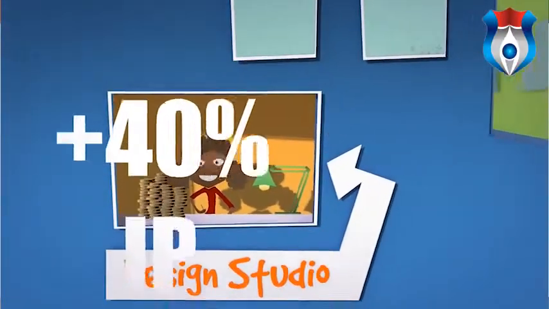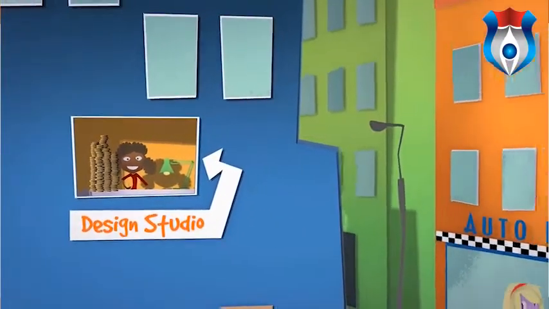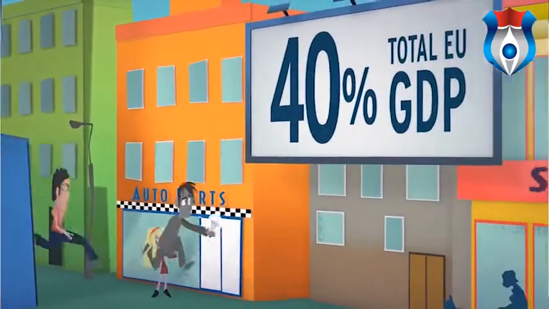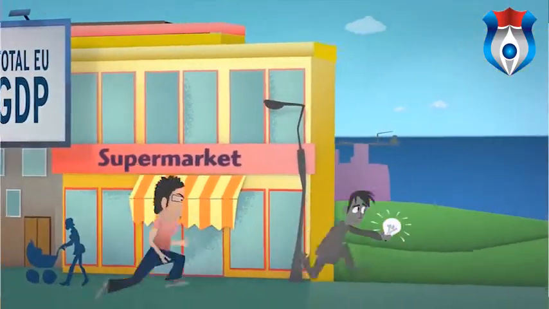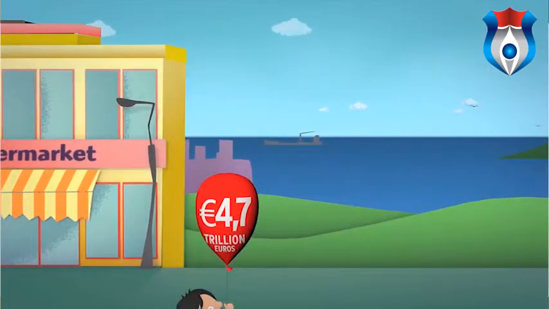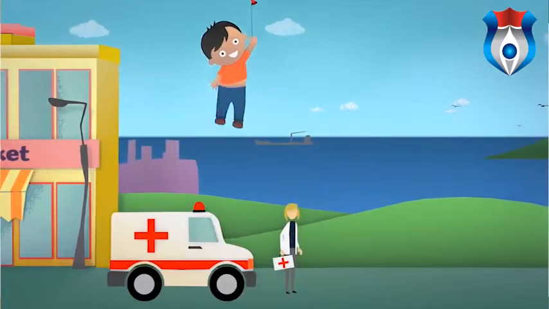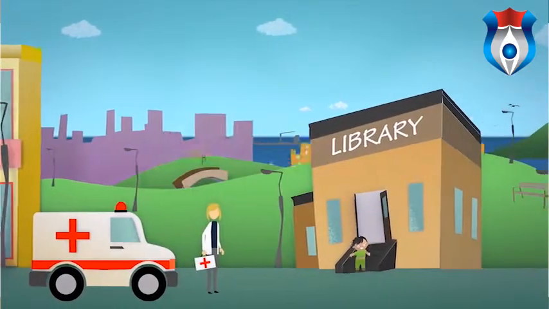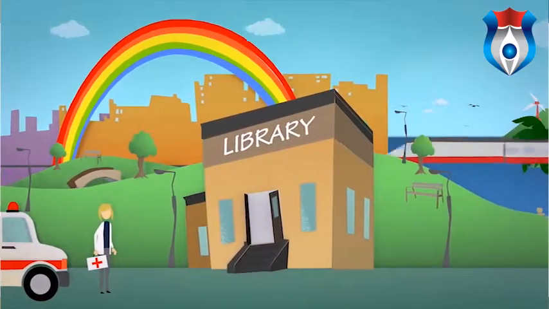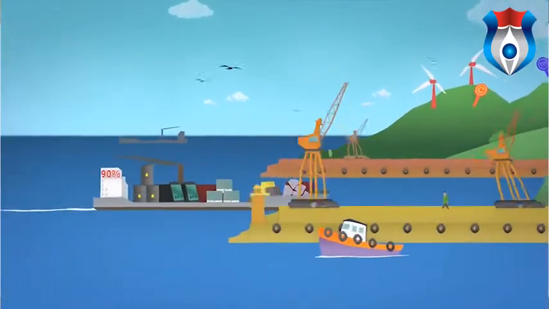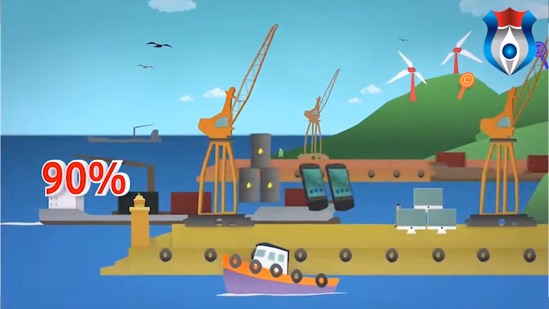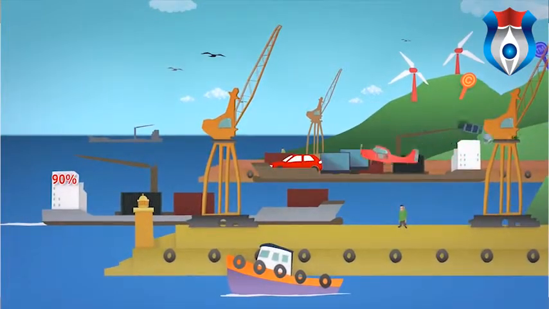IPR-intensive industries pay 40% more than other industries. Altogether, IPR-intensive industries contribute nearly 40% of the EU total GDP. That's 4.7 trillion euros. And that means more money for improving our communities. IPR-intensive industries account for 90% of the EU's trade with the rest of the world.